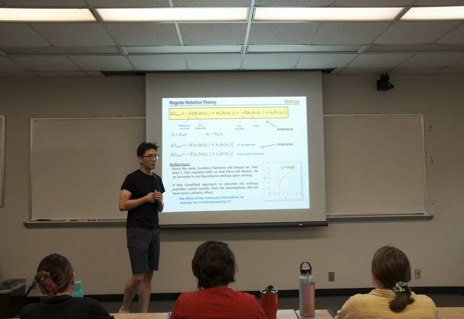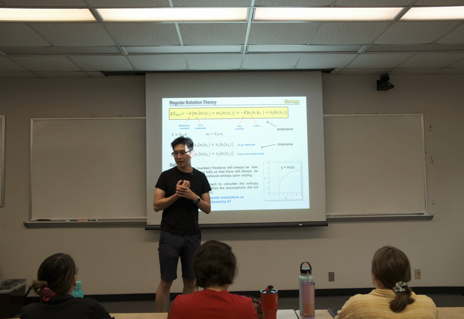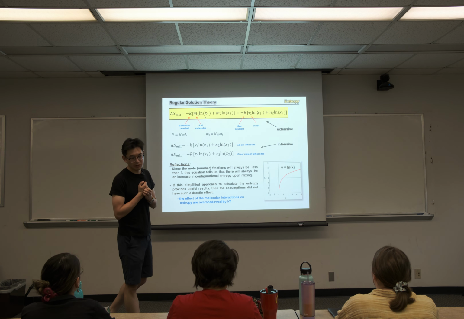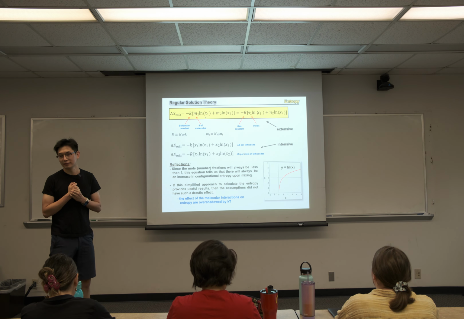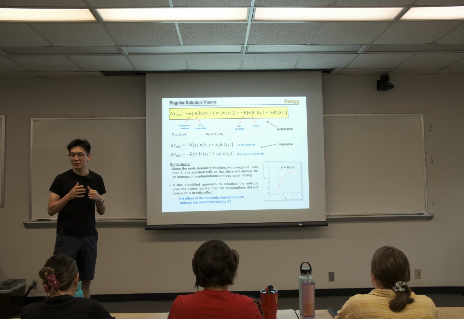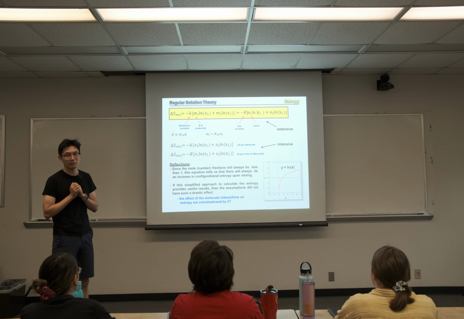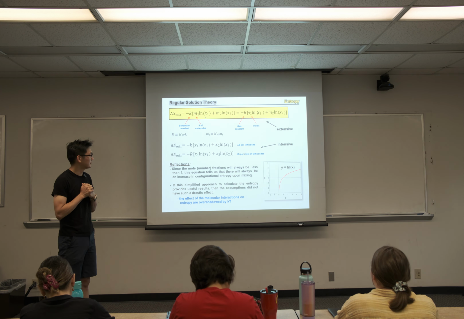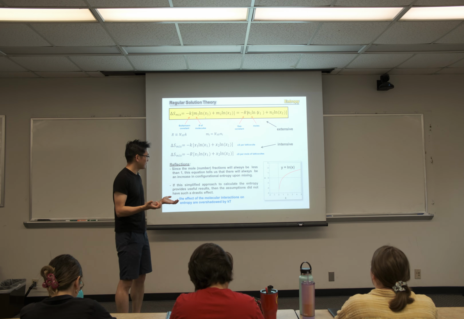Okay? So one of the important conclusions from that mixing theory is that when you mix 2 solutions, the entropy always favors mixing. So delta S is always going to be a negative value. And we talked a little bit about that. So entropy always favors mixing.